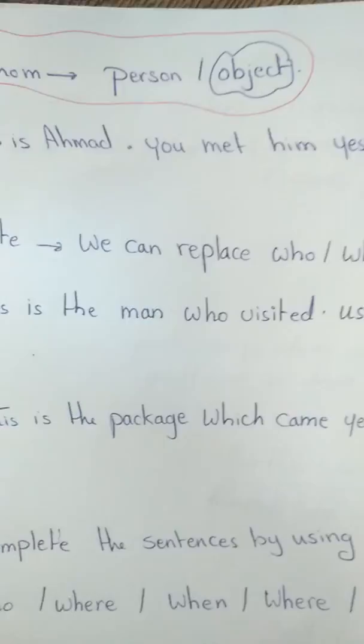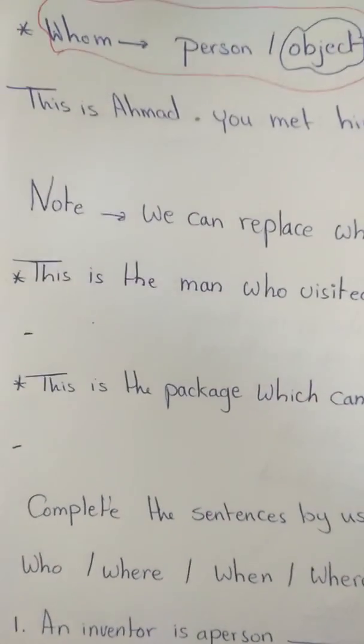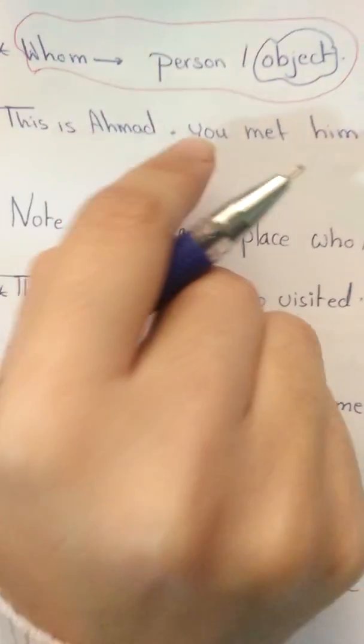Because her is a possessive pronoun referring to the girl, we can replace the possessive with whose. Now, whom. Whom refers to a person, but comes as an object. How can we use it? This is Ahmed. You met him yesterday.